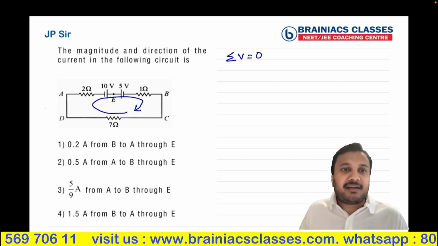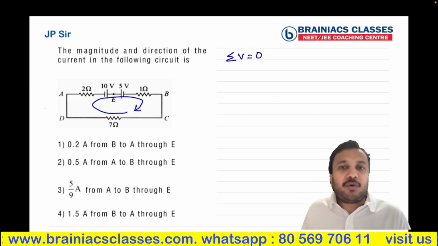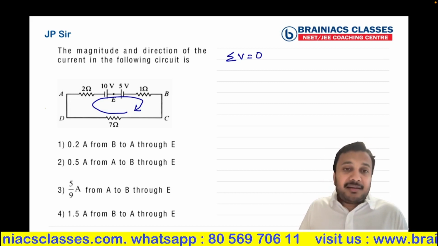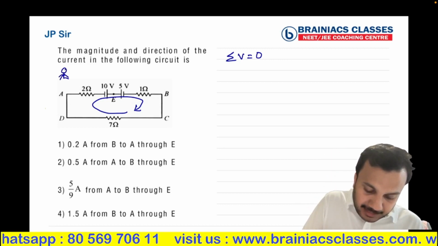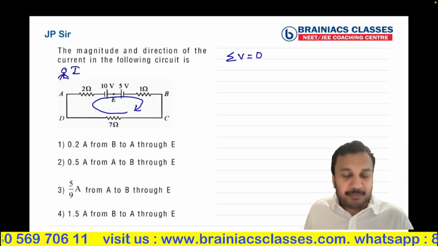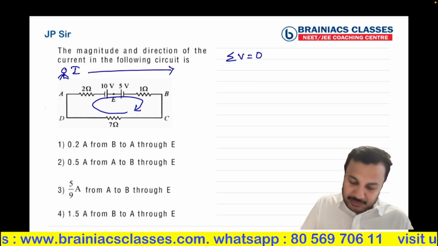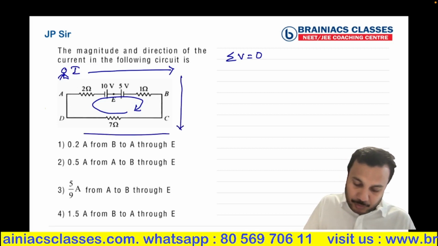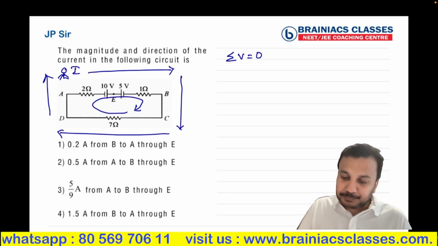Now the current is passing through the 2 ohm resistor, 10 volt, 5 volt, 1 ohm, 7 ohm. You can assume I am standing here and my name is I, meaning current. I am going from left to right first, coming down, then going like this, then coming up. This is my direction of movement.